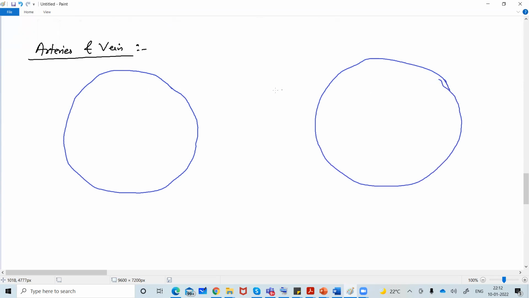This is the outer layer. Then there is one more layer here. So there are a total of three layers. This is the first layer, this is the second layer, and then there is one more inner layer.